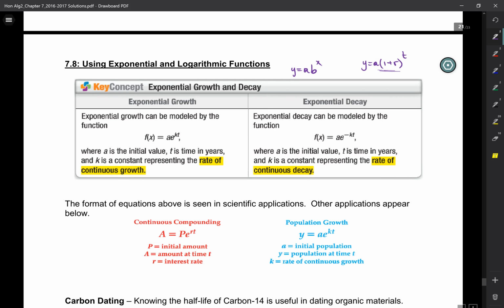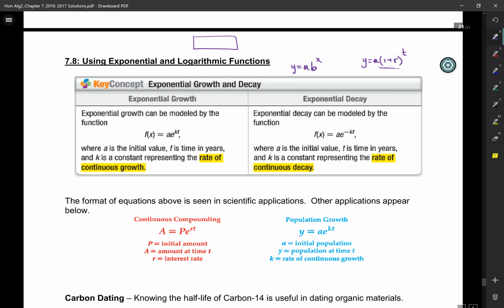But what if you do have radioactive decay? What if you're talking about a sample like this, and let's say the half-life of this is 10 years. So when 10 years go by, how much of this substance will remain? Half of it. When another 10 years go by, how much will have remained?